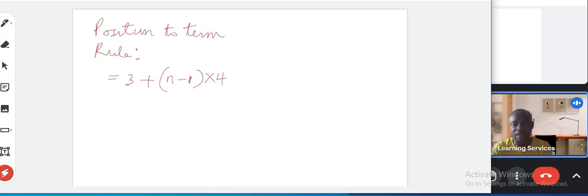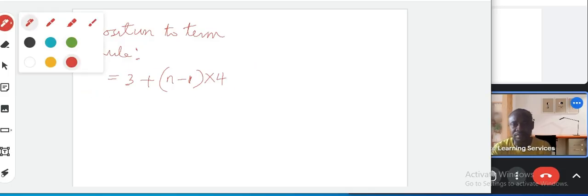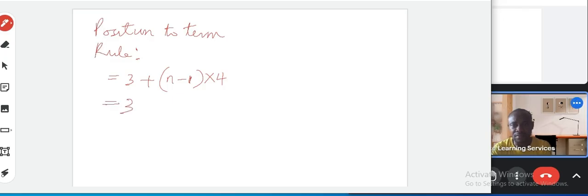Let's open a bracket in this expression. Are you ready? Now this becomes 3 plus this 4. You're going to use it to multiply whatever you have in the bracket.